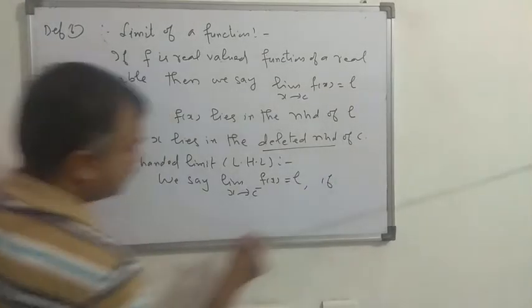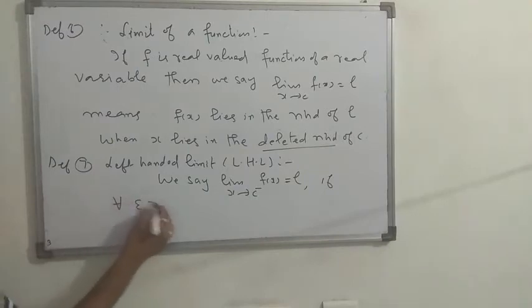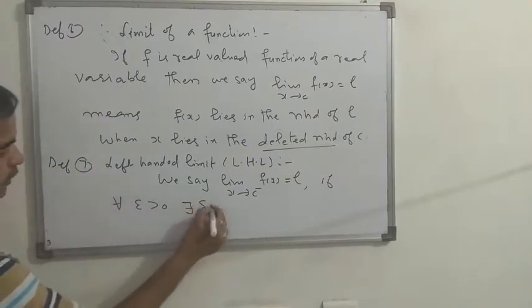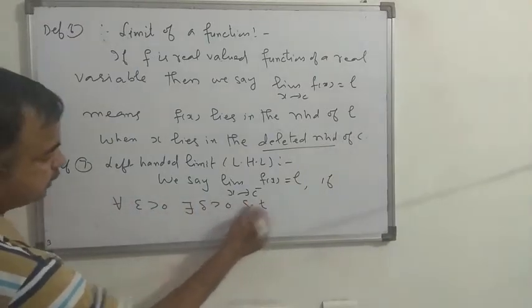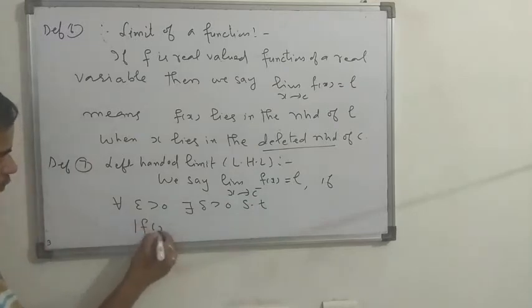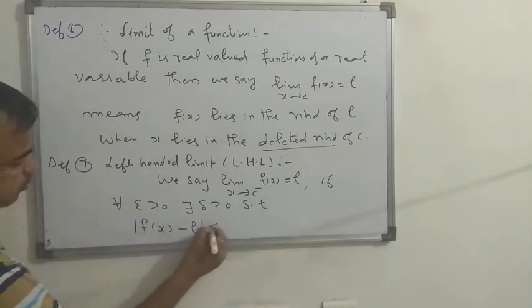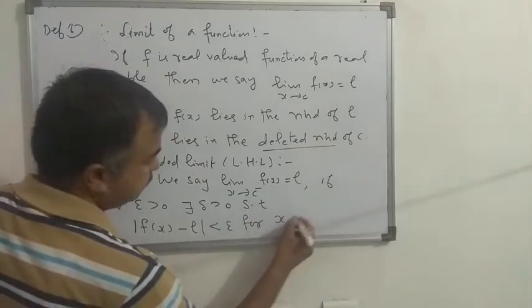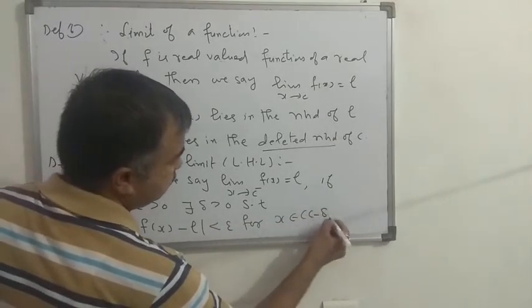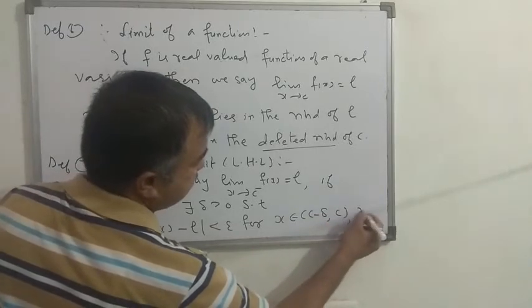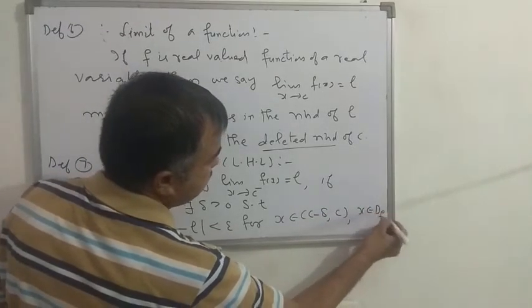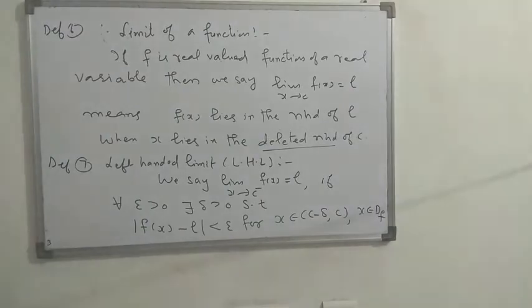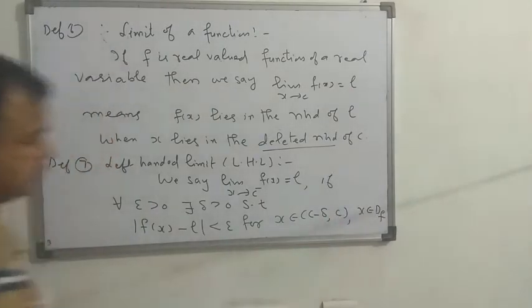If for all epsilon positive there exists delta positive such that modulus of f(x) minus L is less than epsilon for x belongs to (c minus delta, c), x belongs to the domain of f, all those points for which x is less than c.